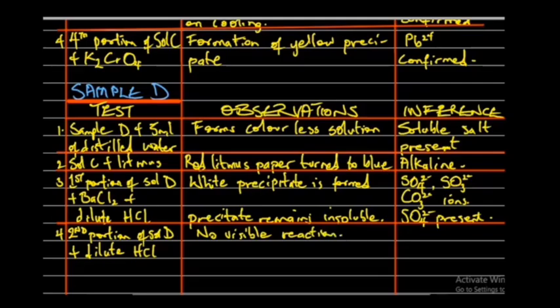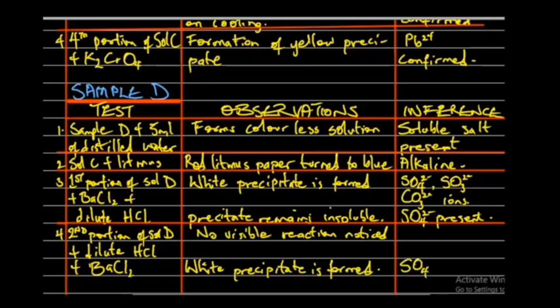And then by the time we added barium chloride to it, we had the formation of white precipitate. That also gave us an idea that we have SO4 2- present in that substance.